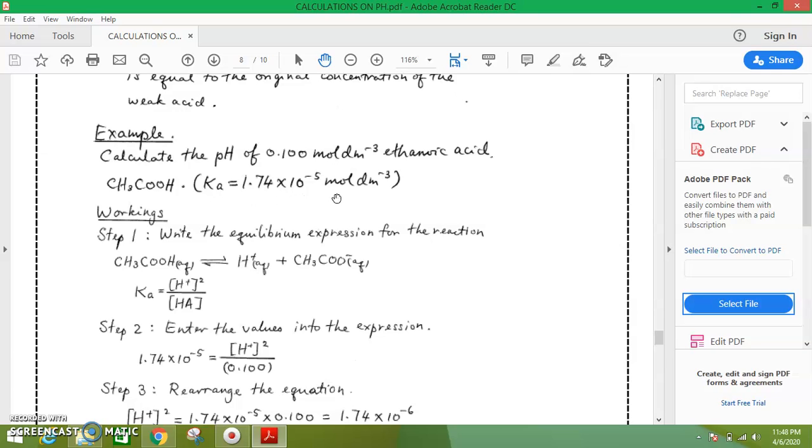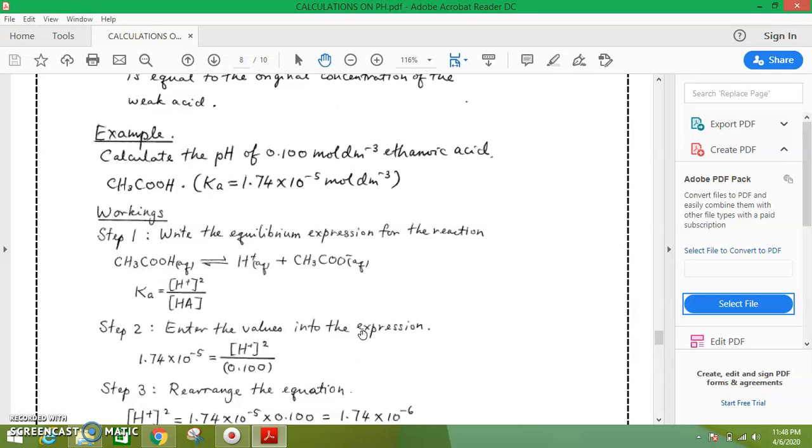Step 1, write the equation and Ka expression. Hydrogen ion concentration, because these two are in a 1:1 ratio, you can take it squared over the concentration of acid, meaning ethanoic acid.